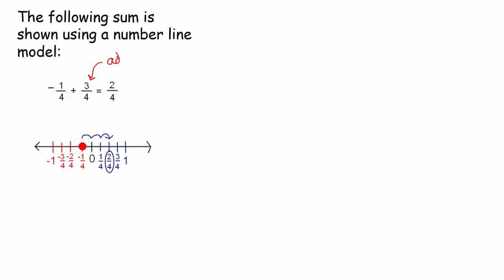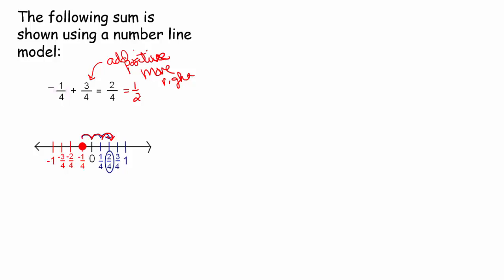To add a positive, what direction do we move? You remember, to add a positive, we move to the right. So we're going to move to the right how far? 3/4. This is broken into fourths, so from -1/4, we're going to move to the right 1, 2, 3/4, and we end up here at 2/4. 2/4 is the same as 1/2 when we simplify that.